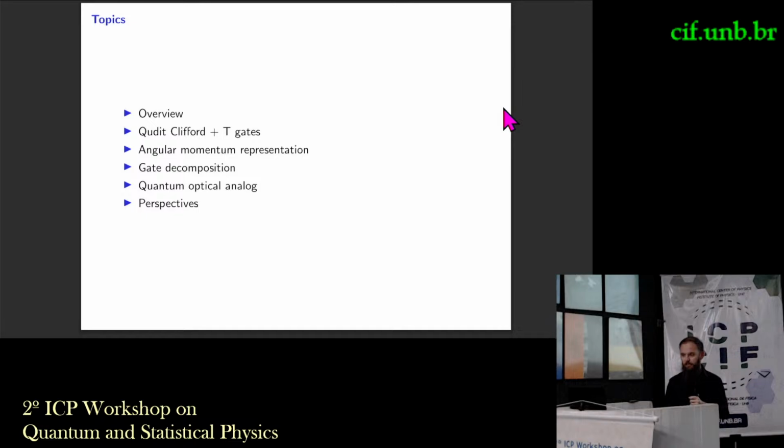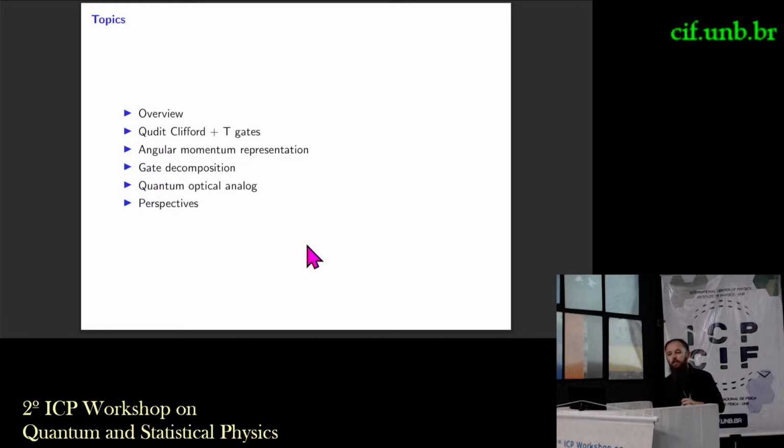So the topics are organized in this fashion. I will give a brief overview of what is known. Then I will talk about D-level systems, roughly about the qubit Clifford and T-gates.